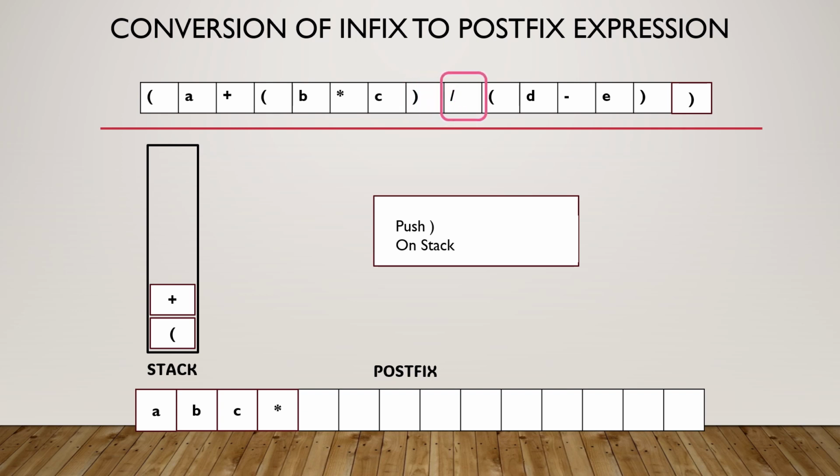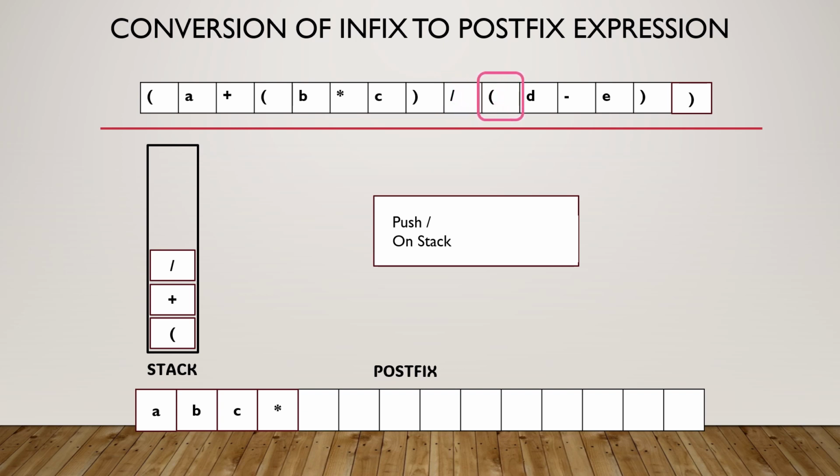The next one is divide. Divide has higher priority than the plus already in the stack, which is below it, so there is no need to change anything because of the priority. So divide is pushed into the stack, and the next is an open bracket.